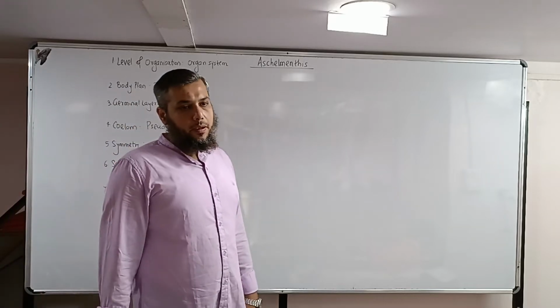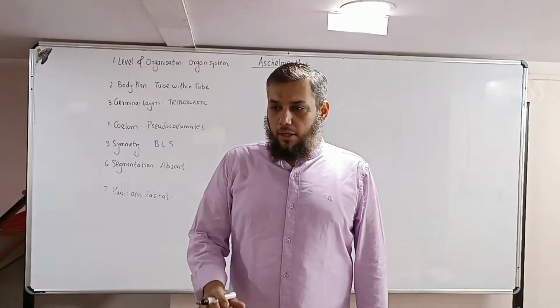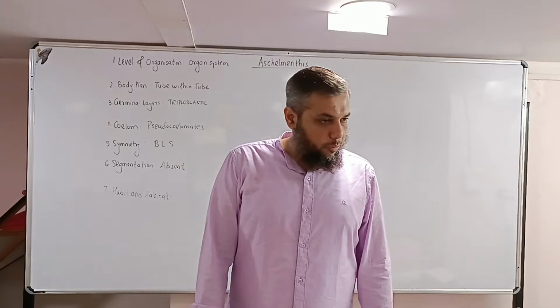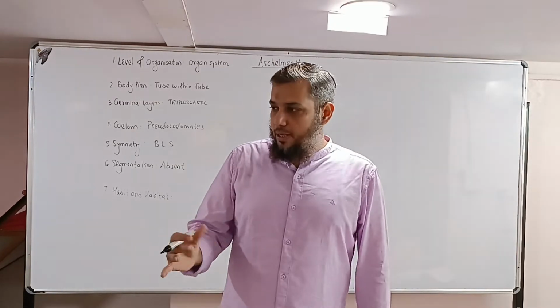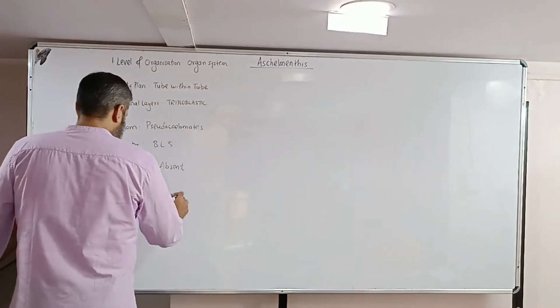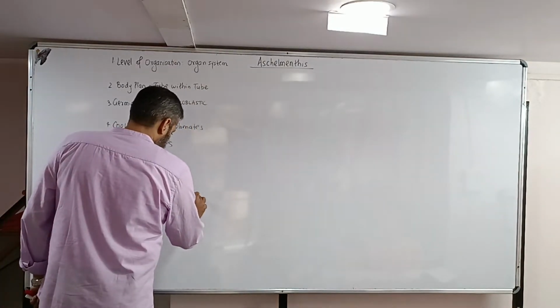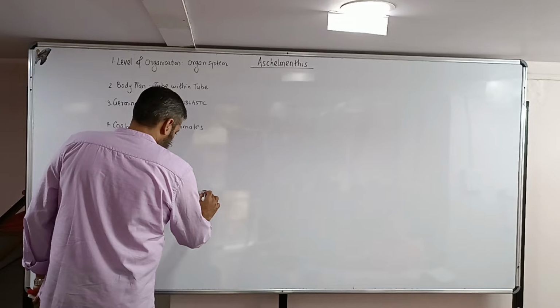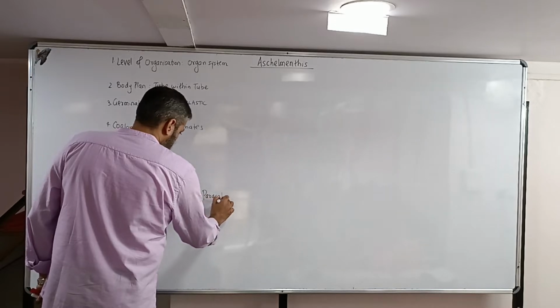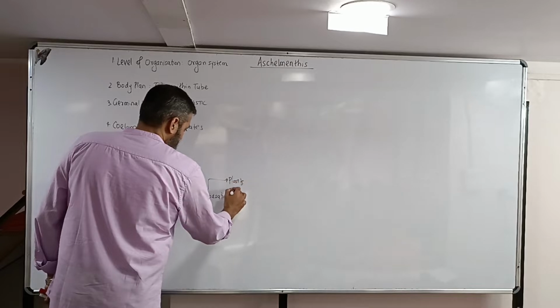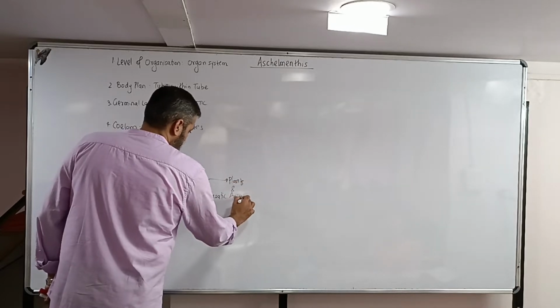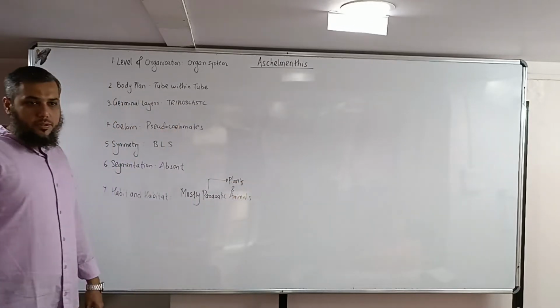Now, we'll say that most of them are parasitic. You remember parasitic? They can be endoparasites on both plants as well as animals. So they are mostly parasitic, found on both plants as well as animals.